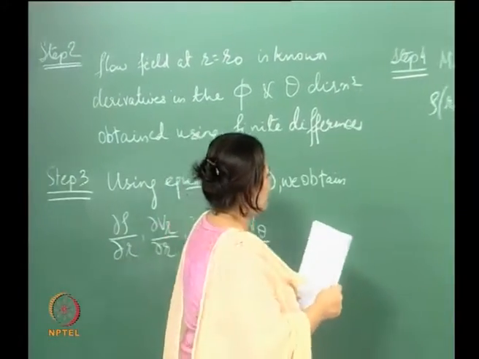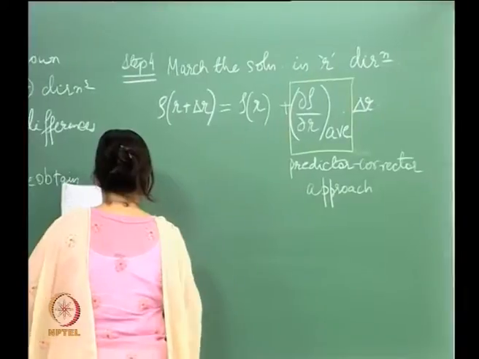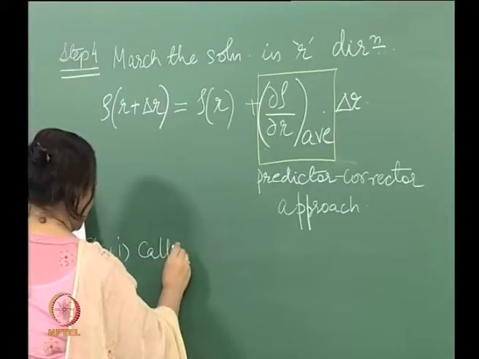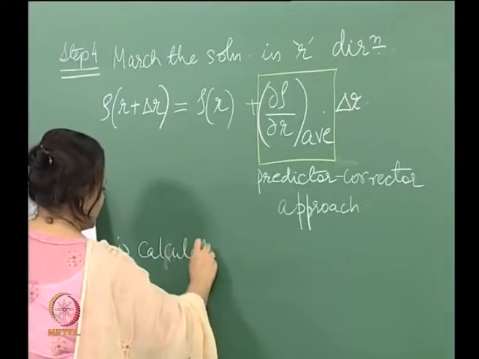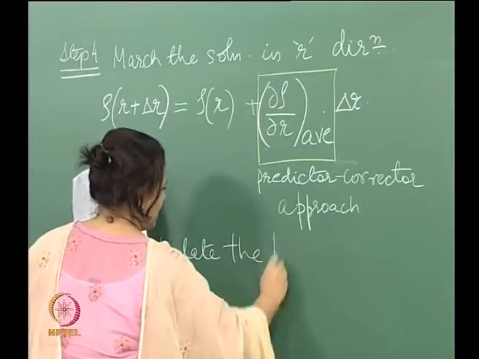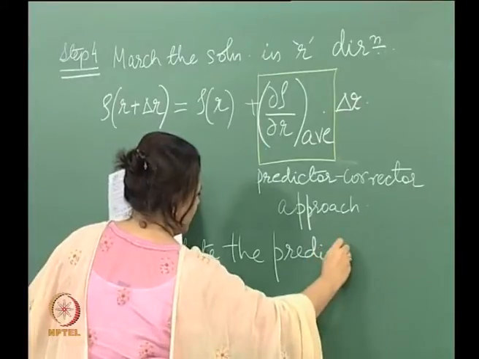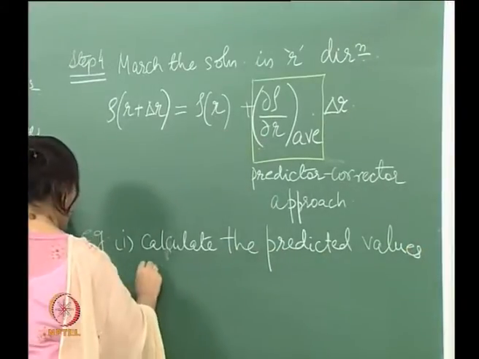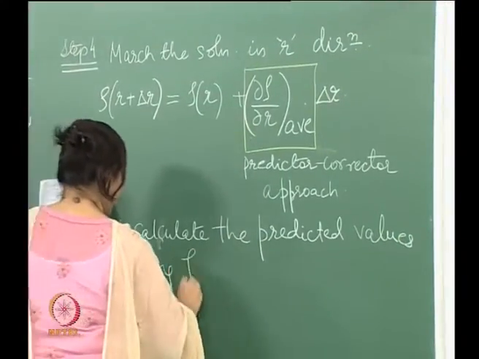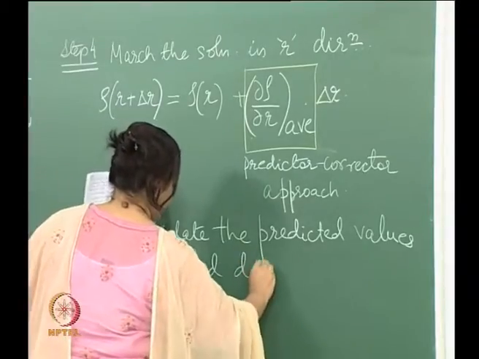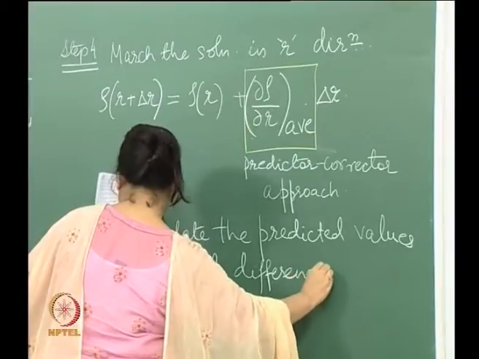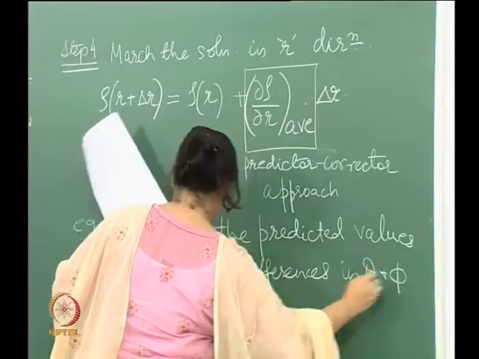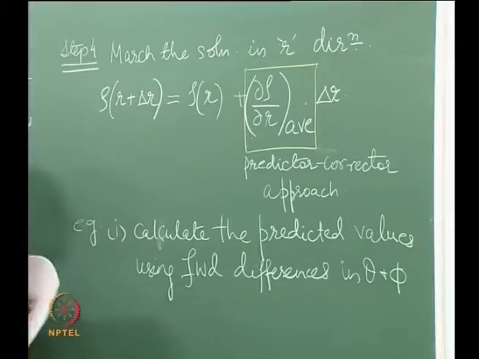For example, number 1, we calculate. What is important here is number 1, where we do 2 things.